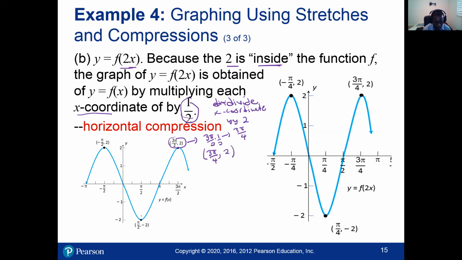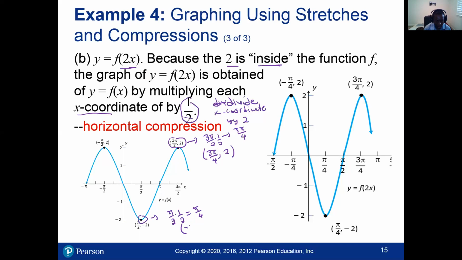Now this point, we multiply the x coordinate, pi over 2, by 1/2, which is pi over 4.